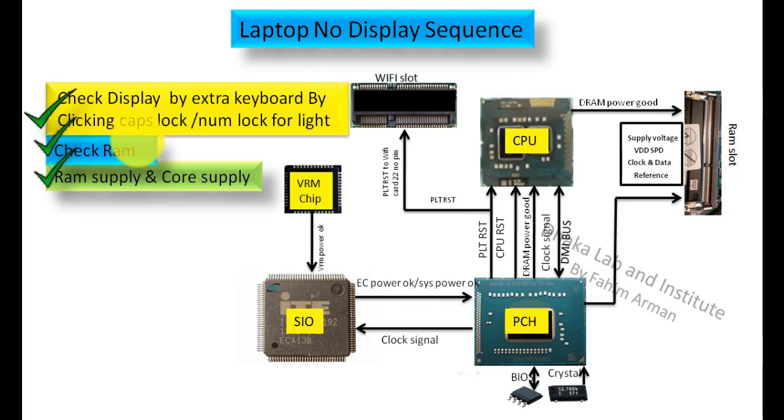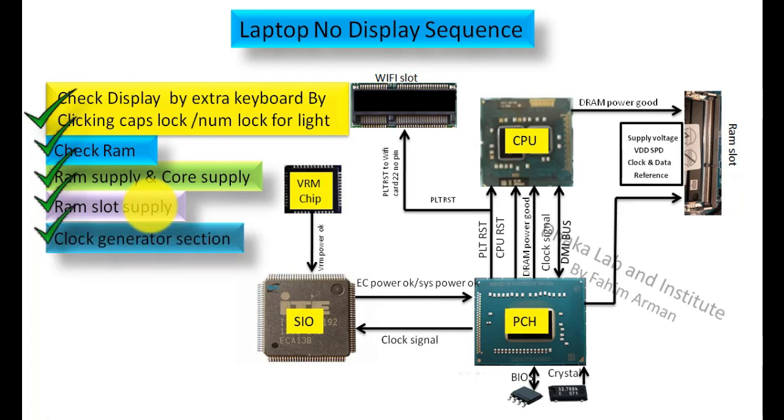And if the RAM supply is okay, then try to check the core supply, and for both of them you have to check the supply in the output coil. If you get the supply okay, then you should also check the RAM slot supply, and later on I will discuss RAM slot supply.